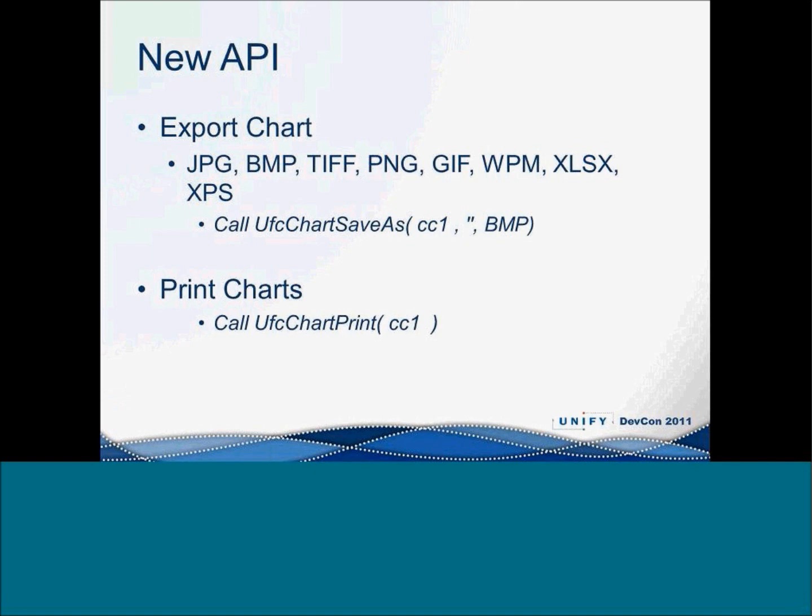So if you don't type in the file name, then the chart control will ask you about the file name with a save as dialog. And if you want to print charts, you can use pretty simple the chart print and pass the handle of the chart control, and then we print this chart control on a normal printer.